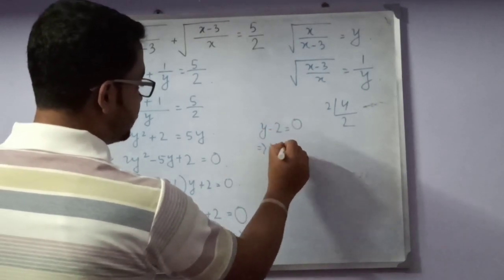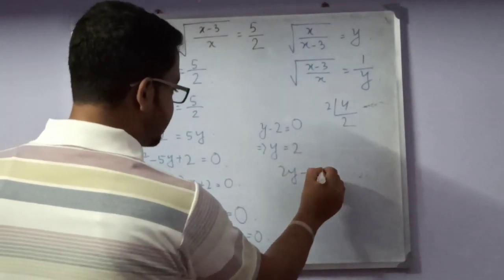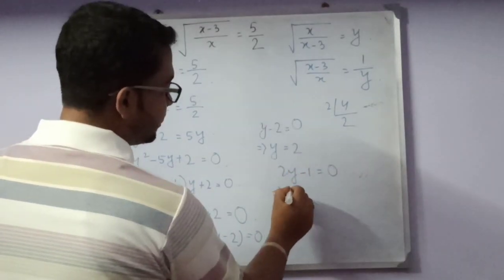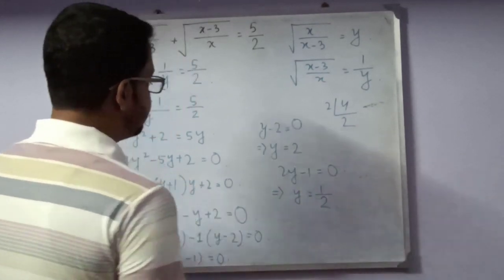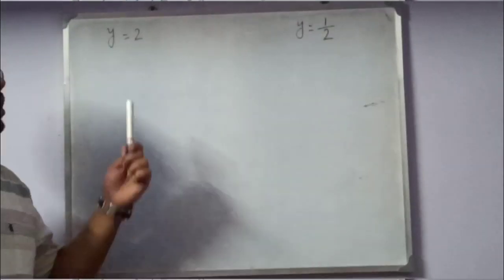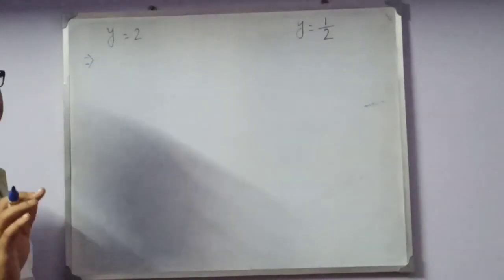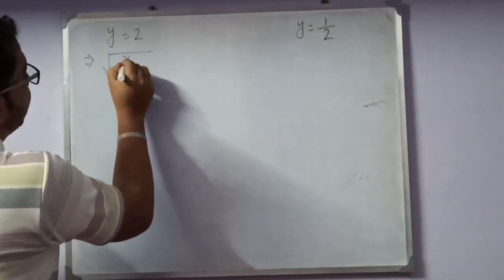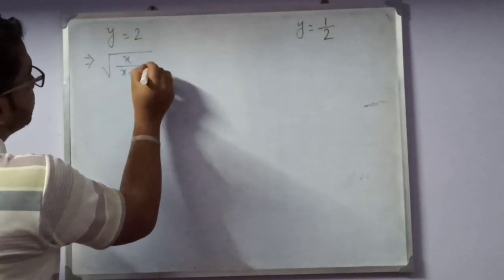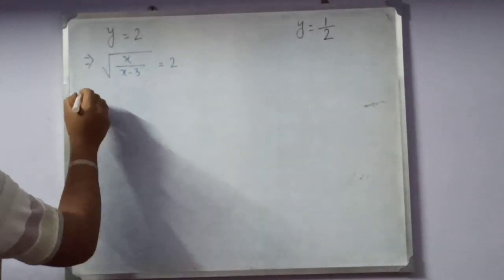From here we can write y is equal to 2 and 2y minus 1 is equal to 0. So we can write y is equal to 1 upon 2. Now put the value of y because we have to find the value of x. Y means this one. We take it.